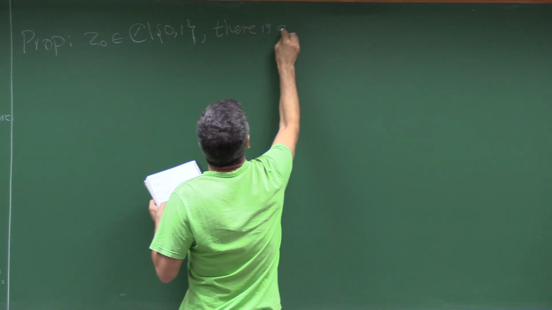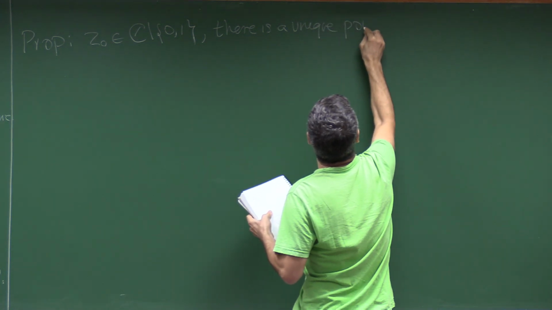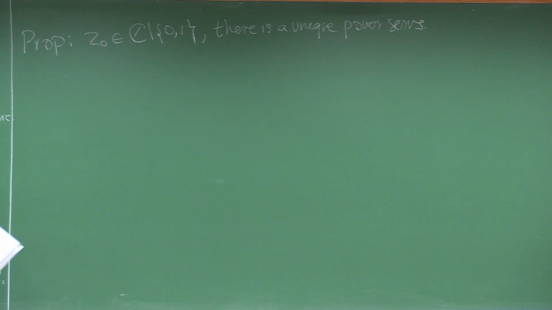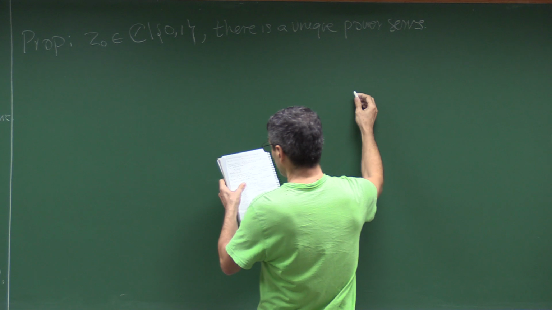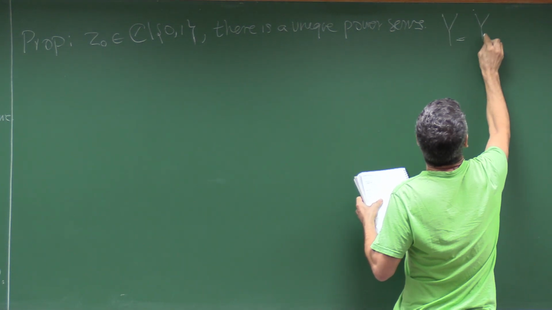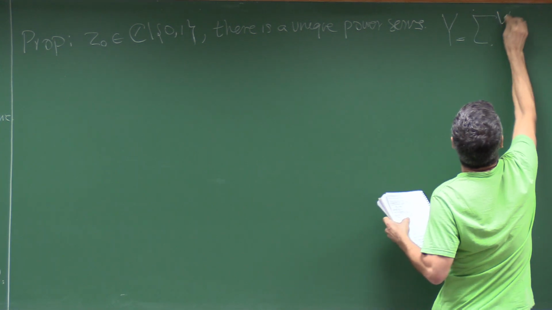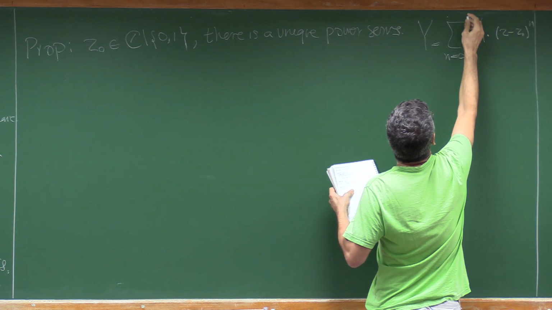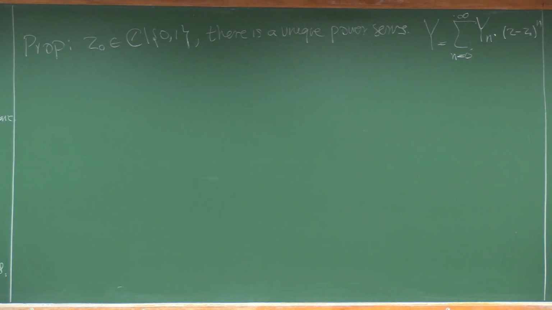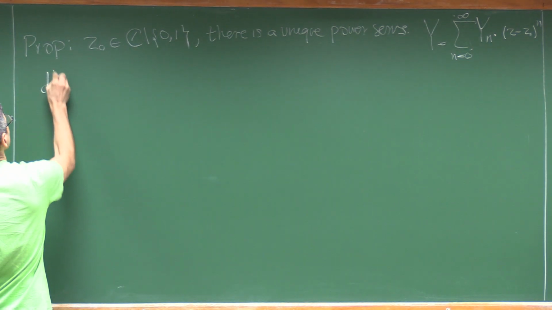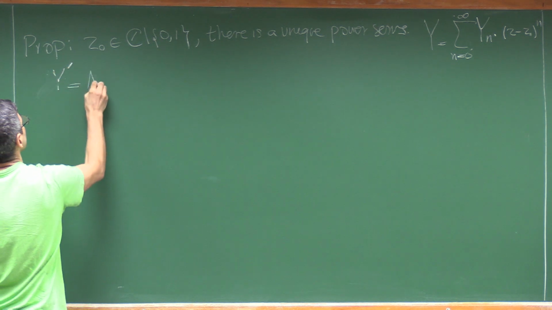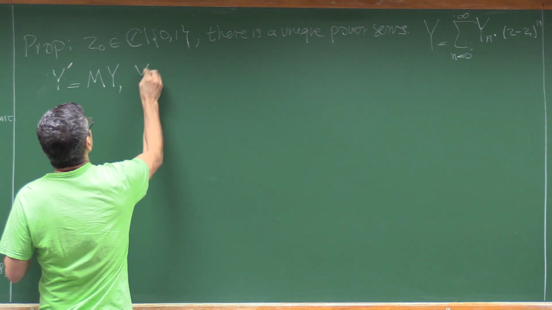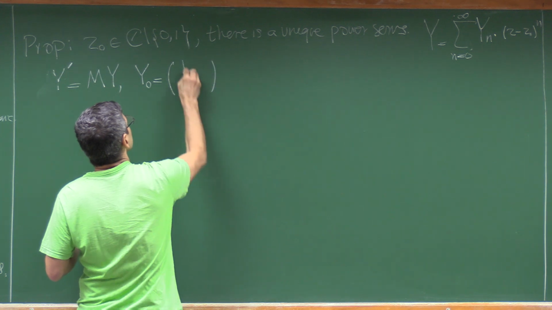There is a unique power series, with coefficients which are matrices, the sum of y_n (z minus z0)^n for n from 0 to infinity, such that it is the solution of your differential equation, and I will put the initial term to be just the identity matrix.